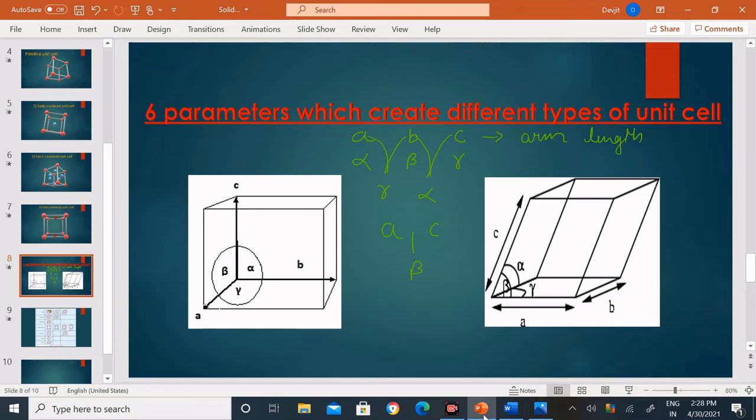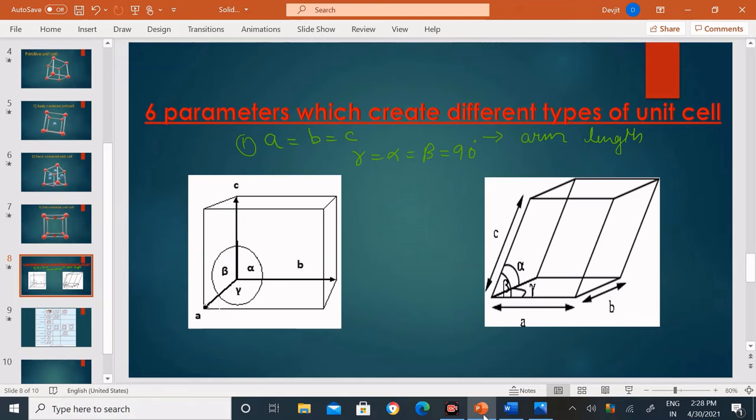Fine. Now we are considering cube unit cell. We are considering what? As a cube. In cube we all know all the arm lengths are equal, as well as all angles will be equal to 90 degree. So this is the first possible set of values of all the 6 parameters.